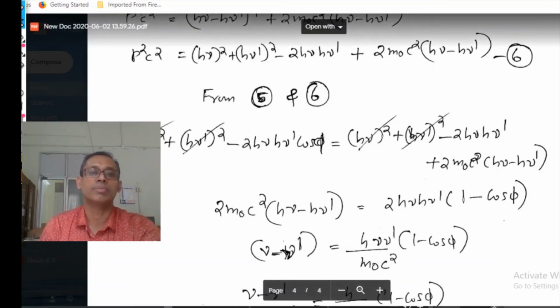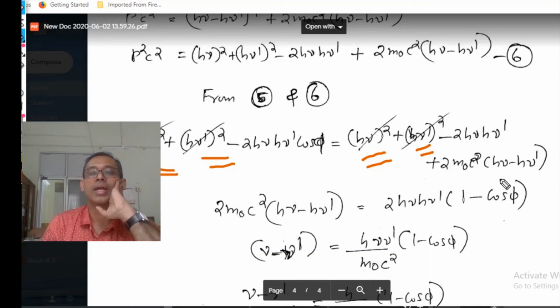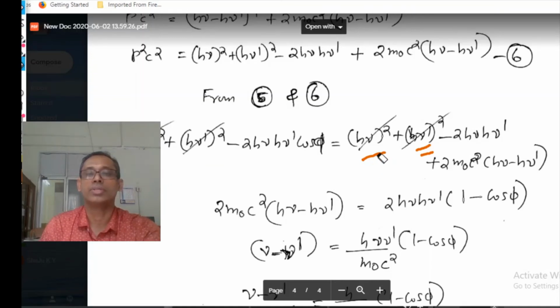The h nu square and h nu prime square will cancel, and here also I have h nu square, h nu prime square, which will cancel. And certain rearrangements are done here.